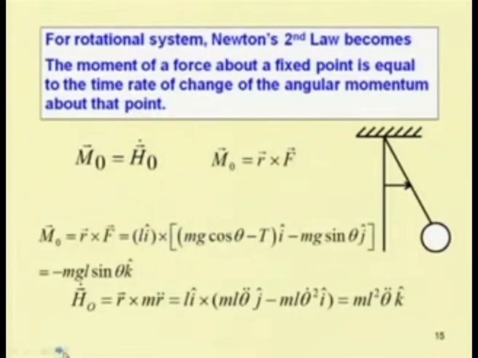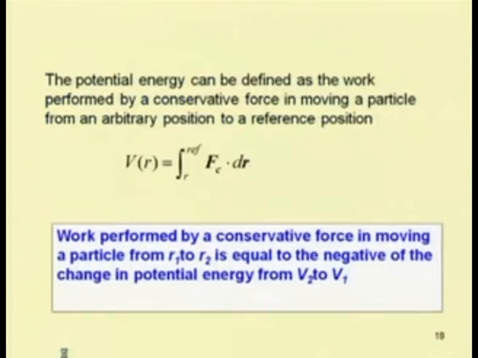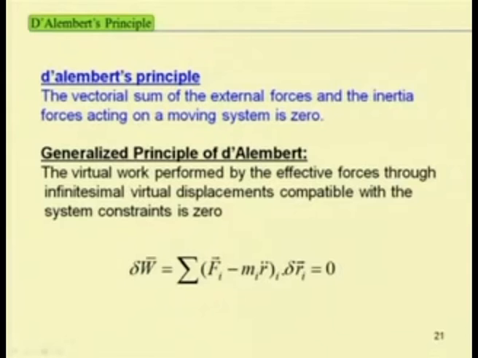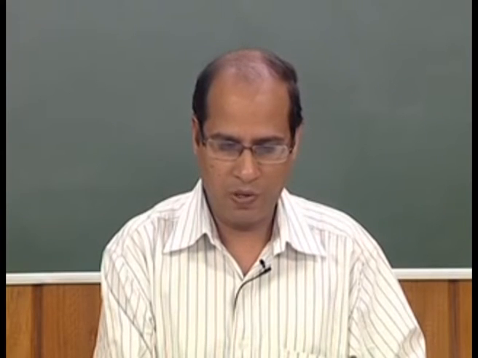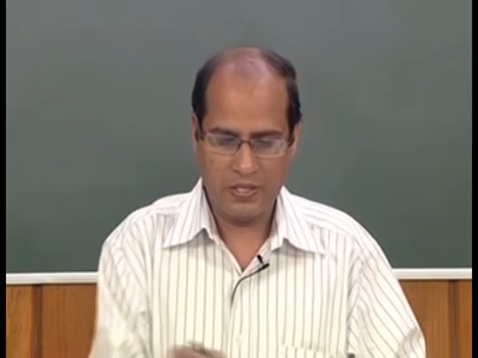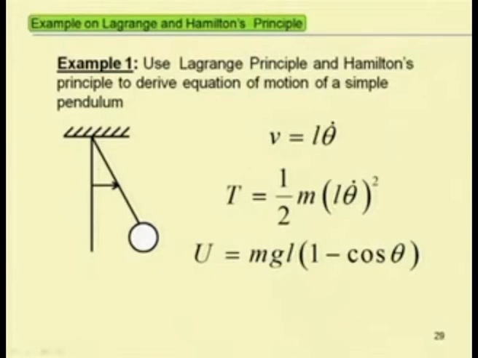But today we will derive the equation of motion of the simple pendulum by using the energy based principle. So this is the simple pendulum. Let us say at time t equal to 0, it is at the vertical position, and at t equal to t, it has rotated by an amount theta.